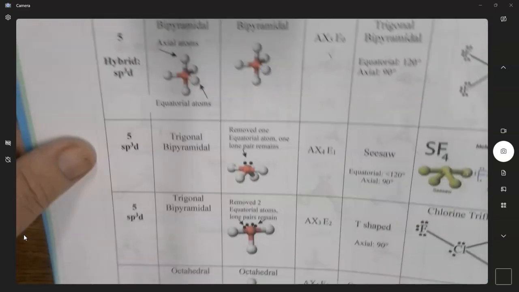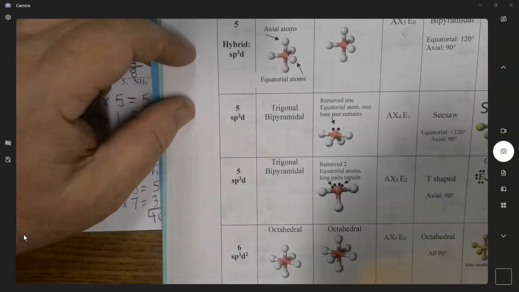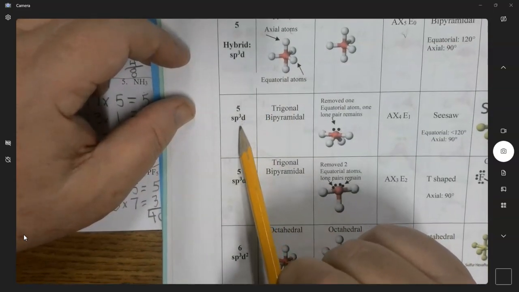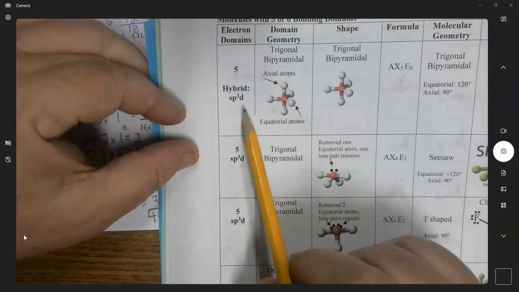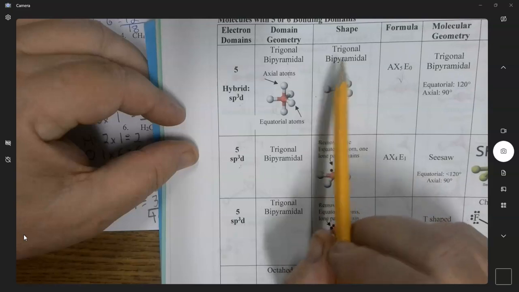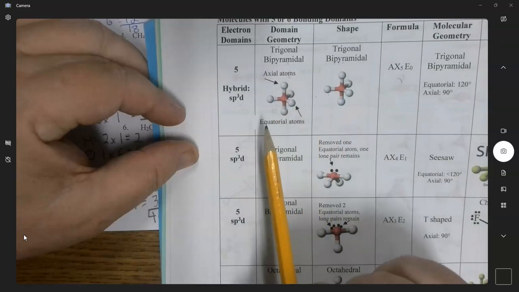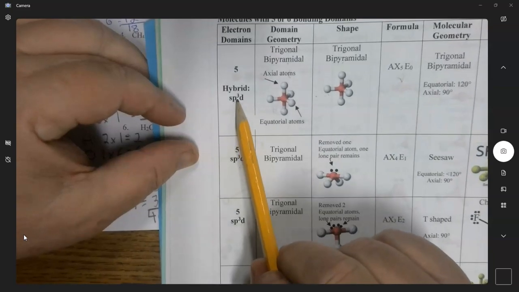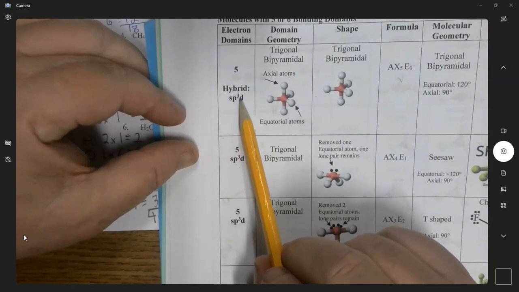Okay, so it's one we haven't talked about a lot. Now, I'm going to tell you something. On the AP, they say they don't look at hybridization of expanded octets. They will look at the geometry. They will ask you that. So they'll ask you trig bipyramidal, but they will not ask you this, but I'm going to still have you do it anyway. So remember, the sp3 fills up. That's four.